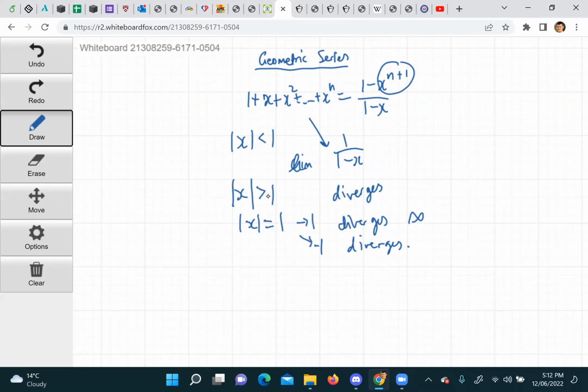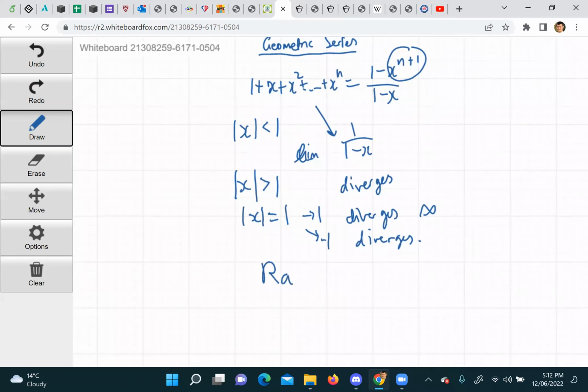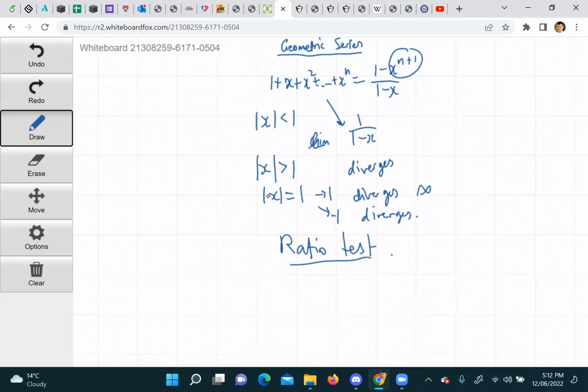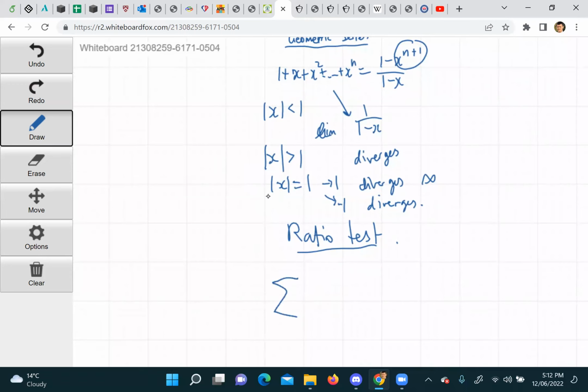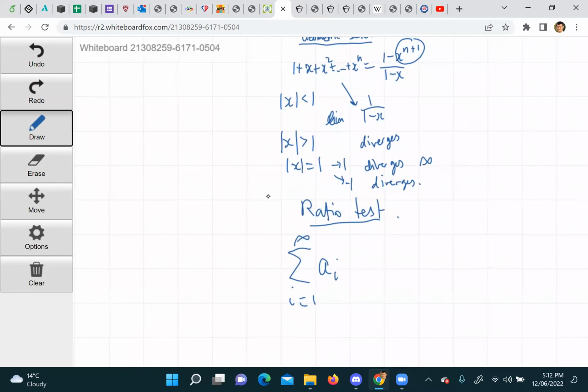Now in the AP syllabus, there's a thing called the ratio test. If you have a sum of terms a_i, with i equals 1 to infinity, the ratio test tells you when this is convergent.